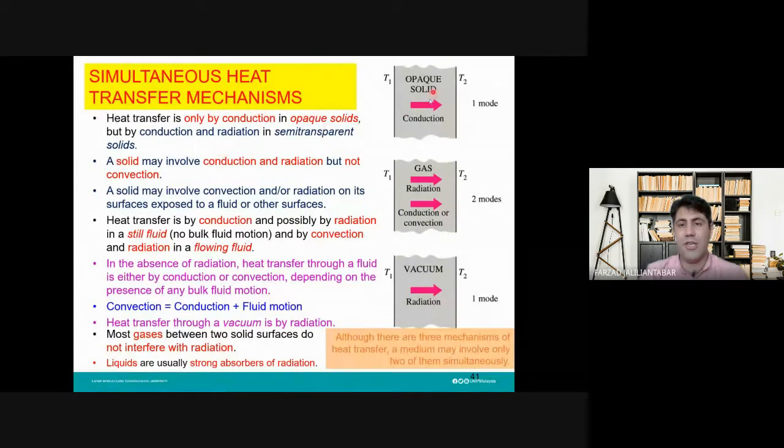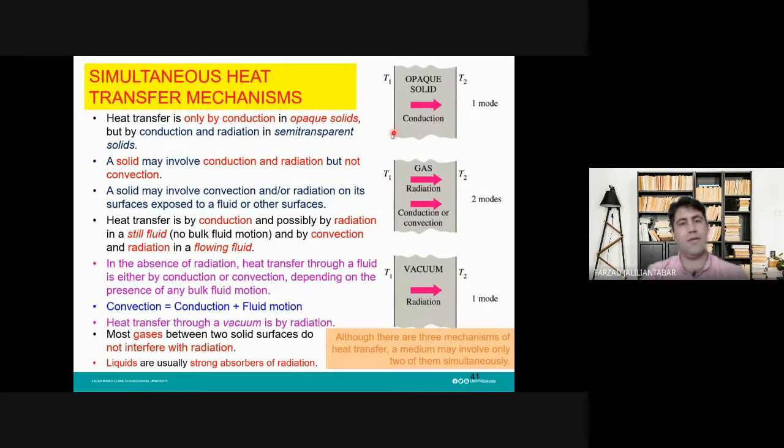So heat transfer is only by conduction in an opaque solid. But if it is not an opaque solid and it is semi-transparent, then the heat transfer in that solid is by conduction plus radiation.